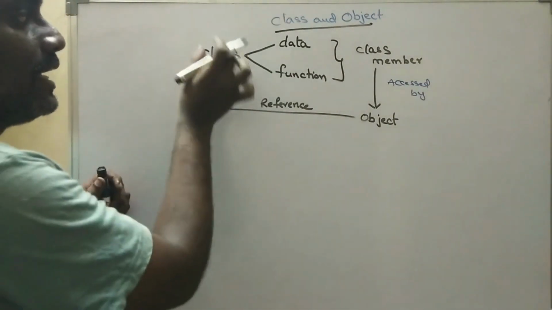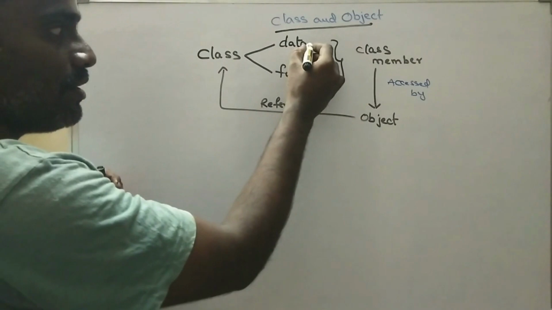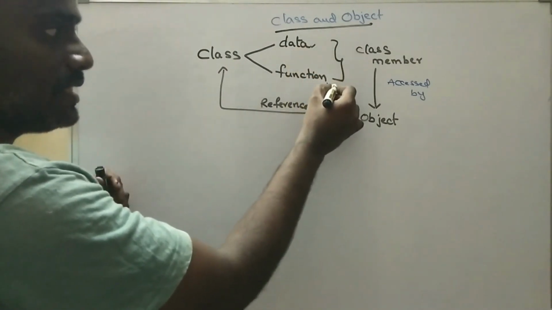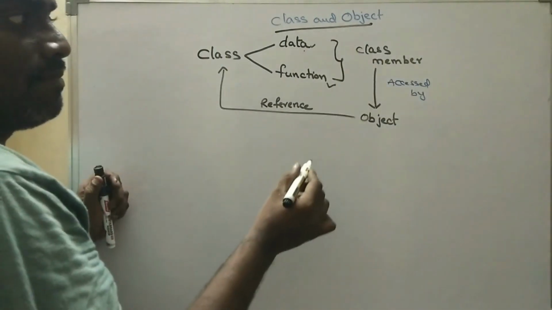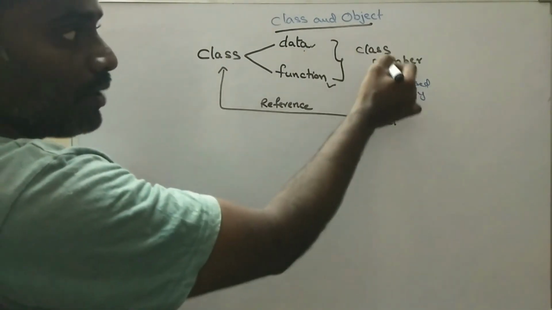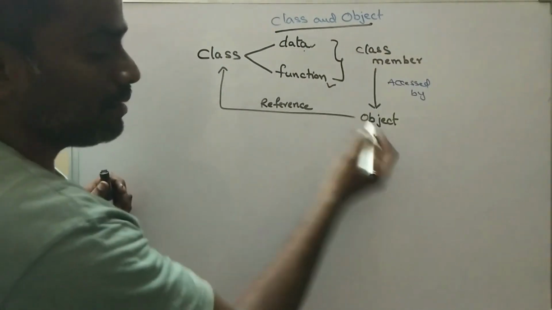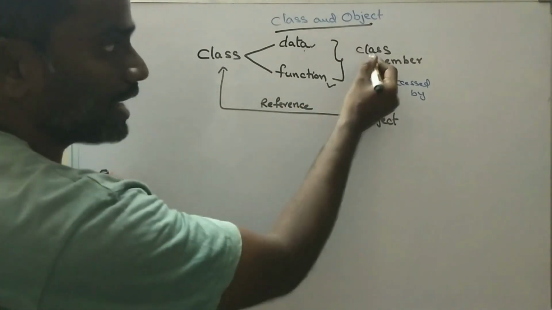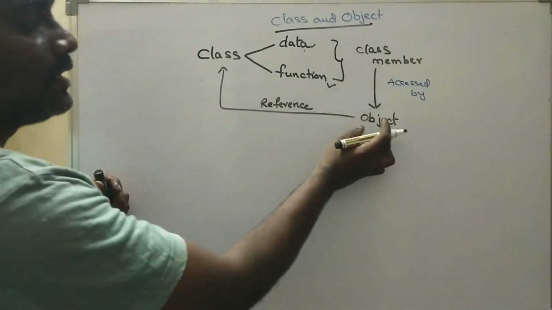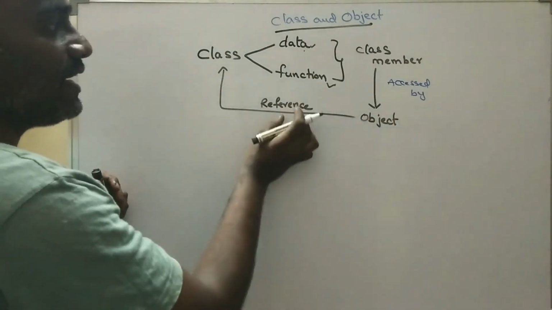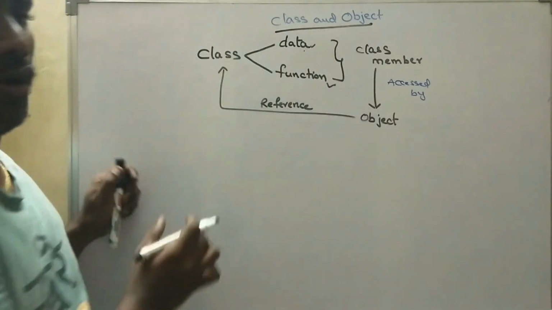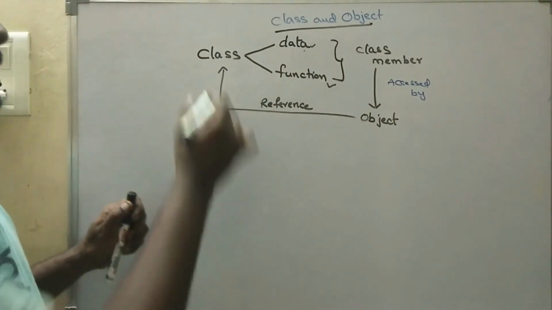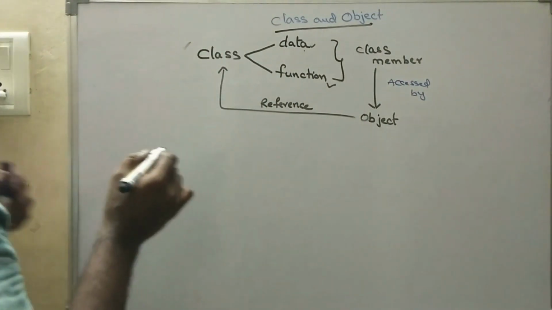What is meant by class? A class is nothing but a collection of data and functions. These data and functions are called class members, right? And we access these class members by using the object. The object is also called a reference of the class, or an instance of a class is nothing but an object. Clear? That is the concept of class.